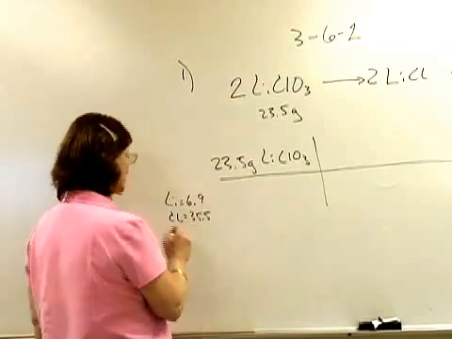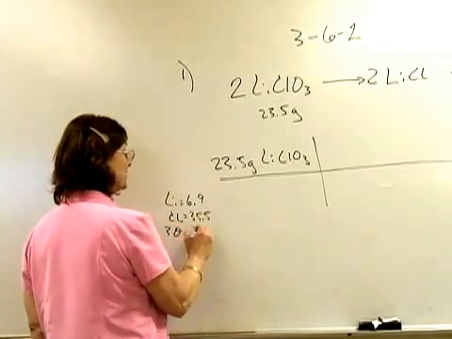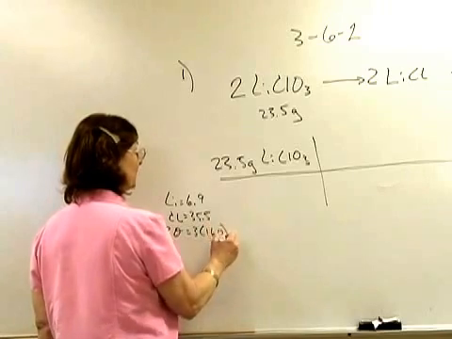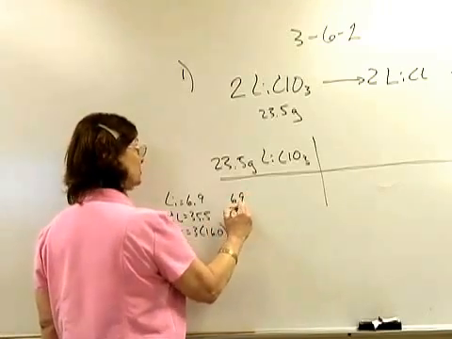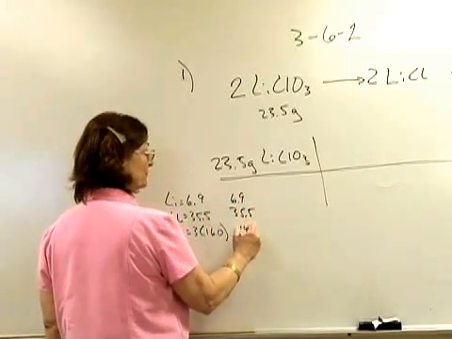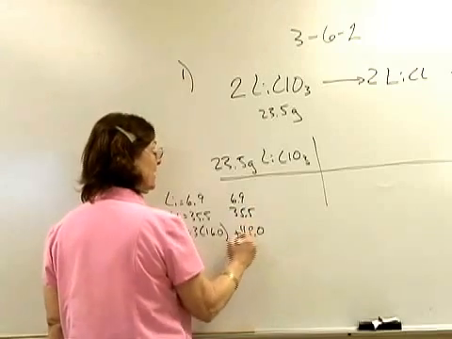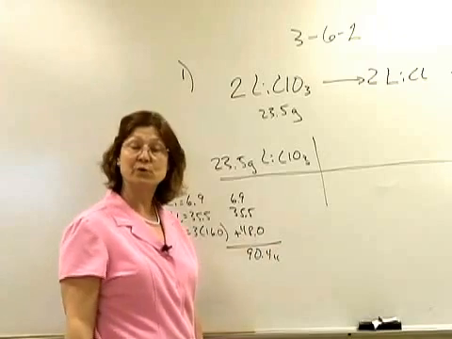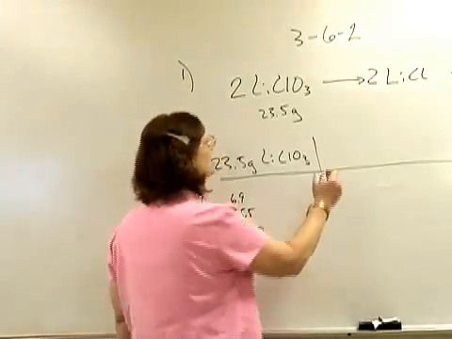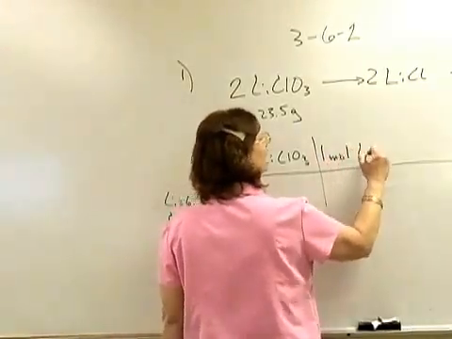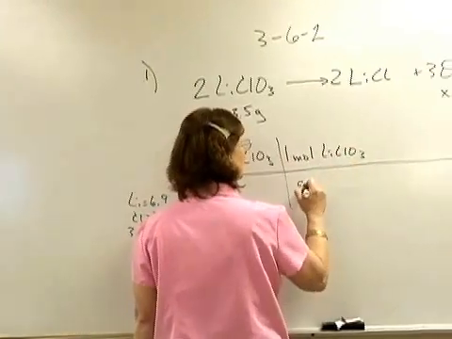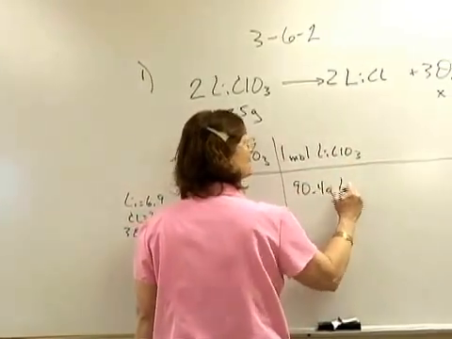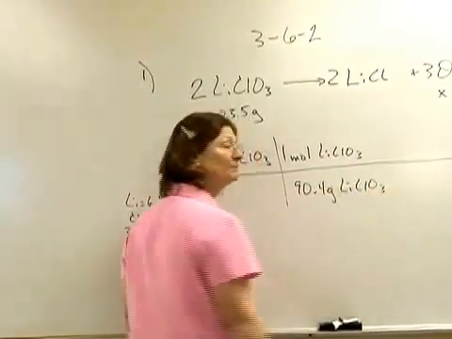I have 3 oxygens, and 3 oxygens is 3 times 16.0. 6.9 plus 35.5 plus 48 equals 90.4 AMU, or grams per mole. So 1 mole of the lithium chlorate is 90.4 grams lithium chlorate.